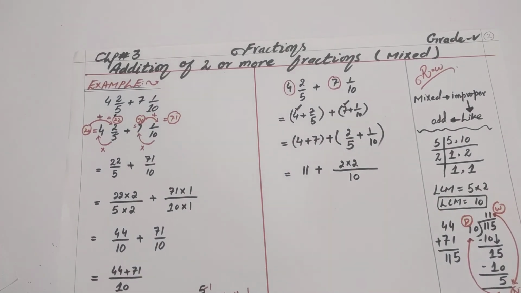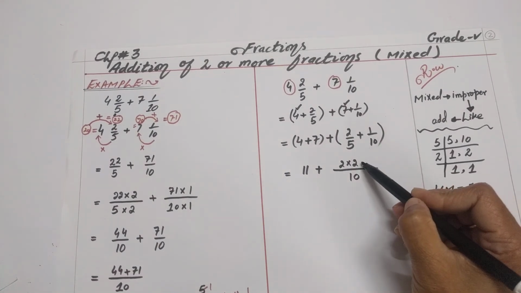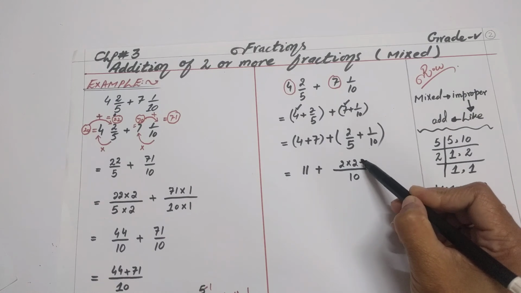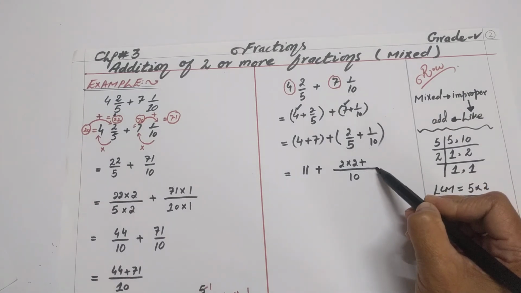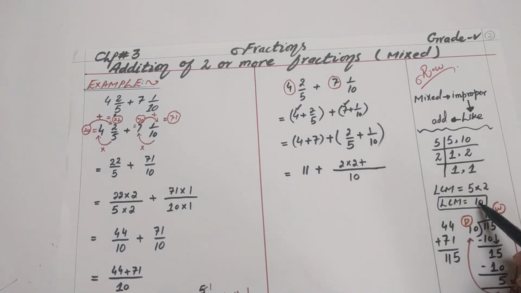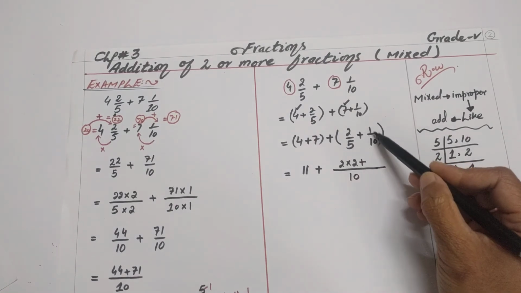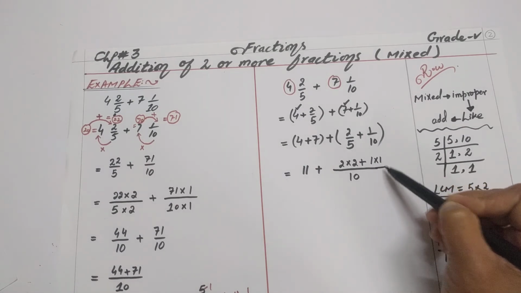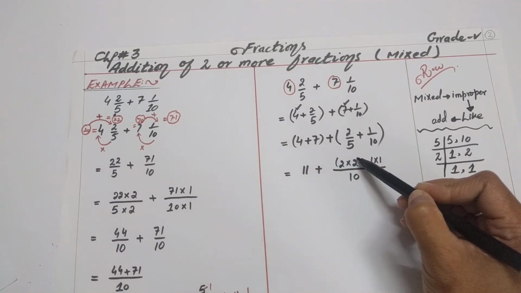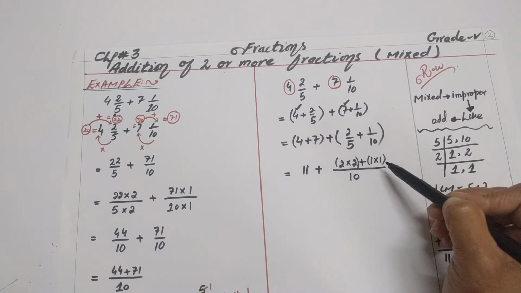Okay, so same is here. Plus, as denominator is 10, so our LCM is also 10. It means 10 ones are 10. It means we will multiply 1 by 1. Okay.